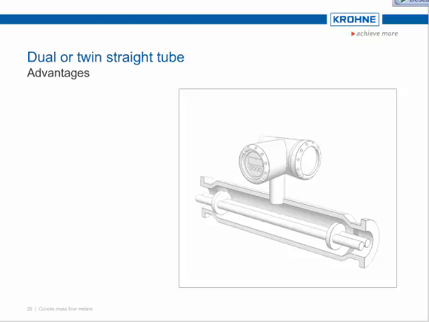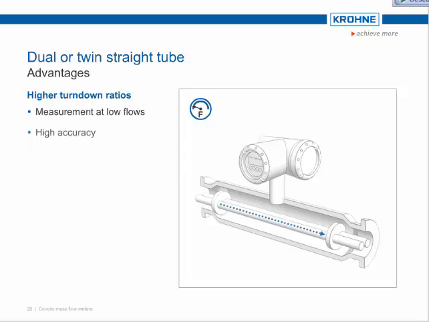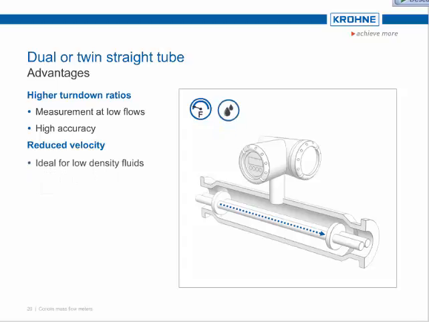Then let us consider a dual or twin straight tube meter. The higher turn-down ratios improve measurement at low flow conditions, with capability for high accuracy. This, along with the reduced flow velocity in the meter, makes these meters ideal for low-density fluids such as gas applications.